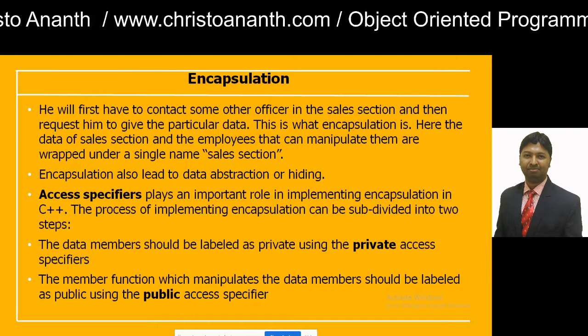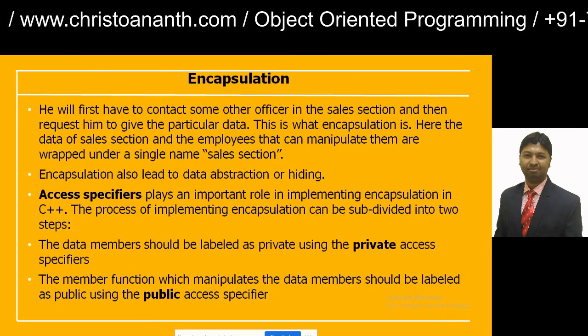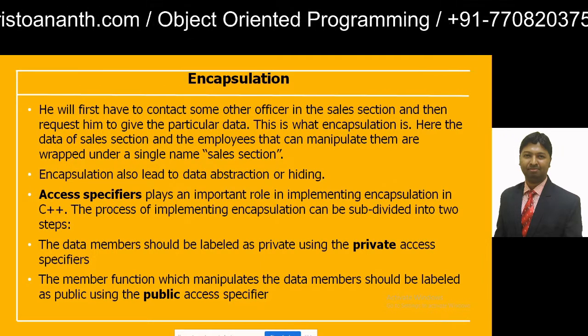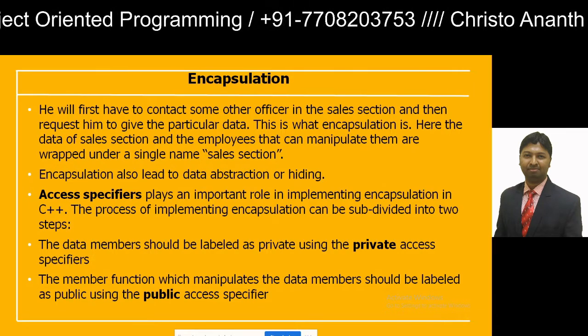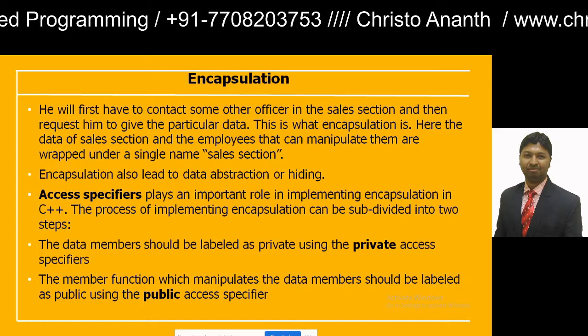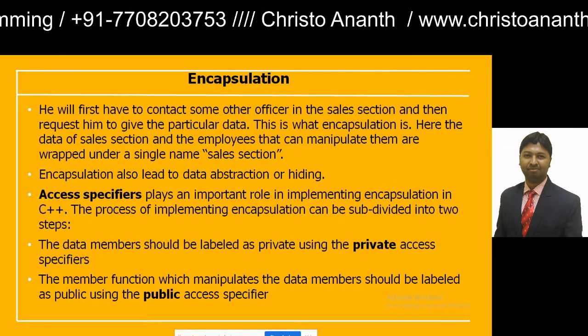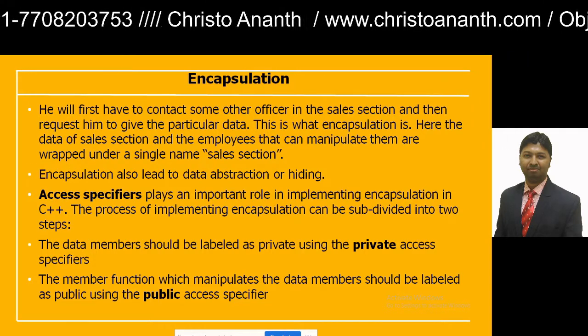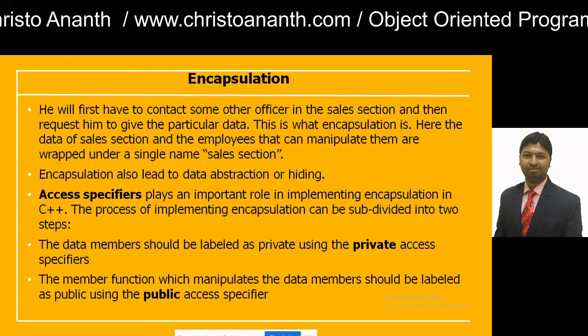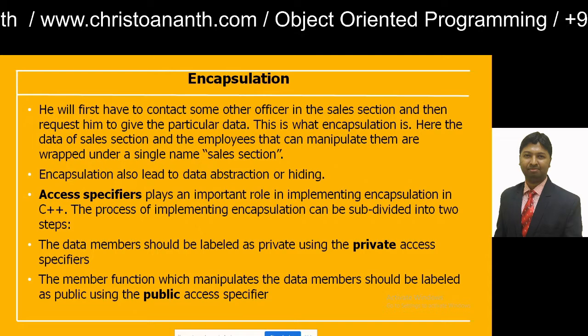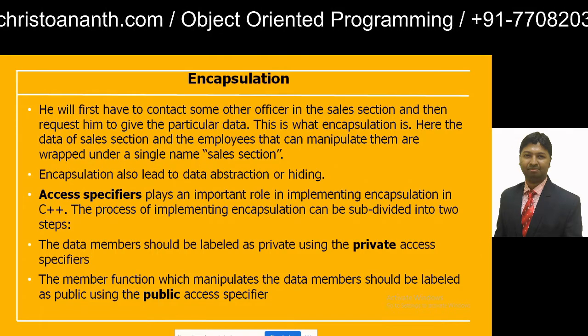In the case of access specifiers, with their help we can easily implement encapsulation in C++. The way you implement encapsulation can be divided into two steps. One is the private access specifier, and the other is the public access specifier.